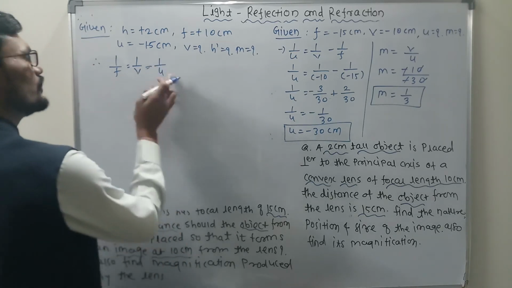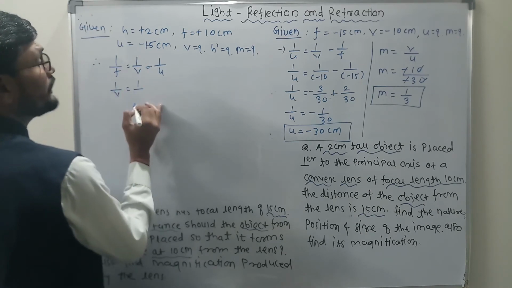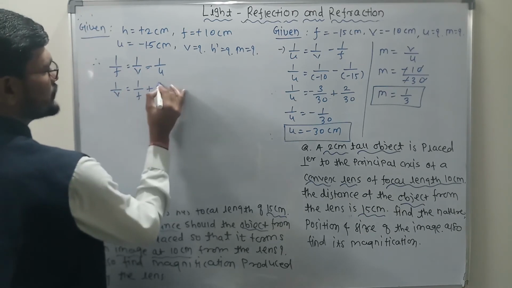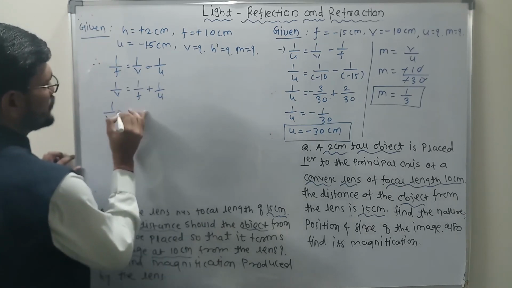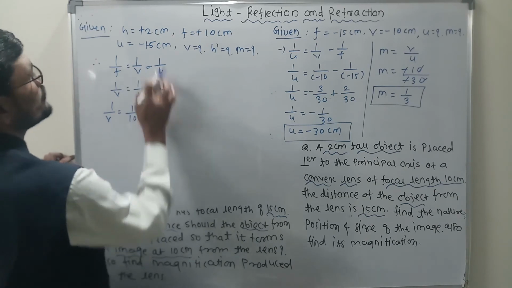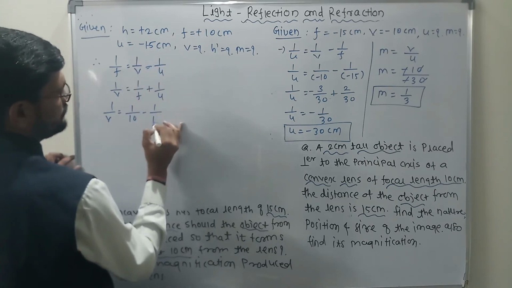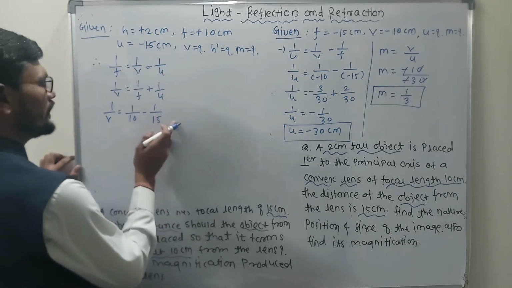So u will go to that side. So 1 by v is equal to 1 by f plus 1 by u. Clear? Substitute the values. 1 by v is equal to, the f value is plus 10, and the u value is minus 15.